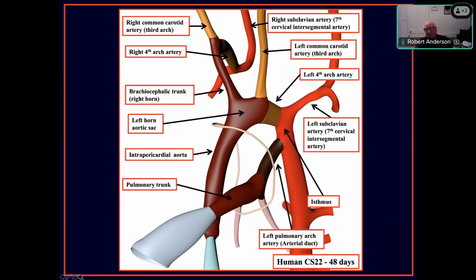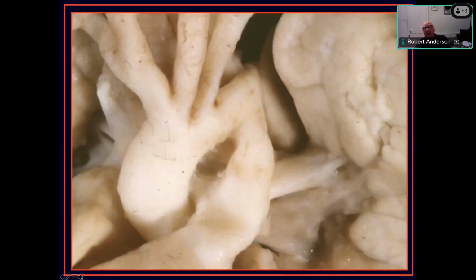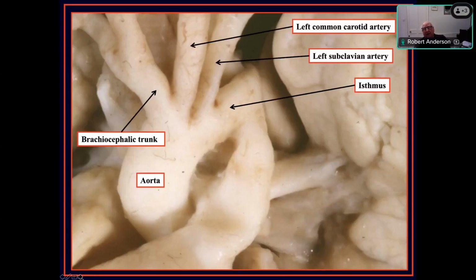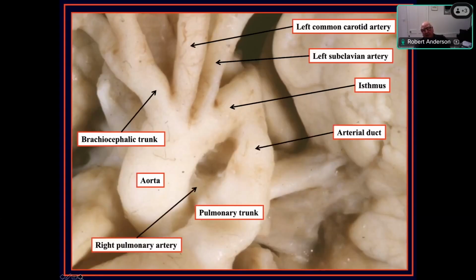And so here, by the end of the 7th week of development, we have the definitive arrangement that we see in the neonatal infant: aorta giving rise to brachiocephalic trunk, the arch then giving rise to left common carotid and subclavian artery, continuing as the isthmus, the arterial duct being the continuation of the pulmonary trunk, which at the margins of the pericardial cavity branches to give the right and left pulmonary arteries.